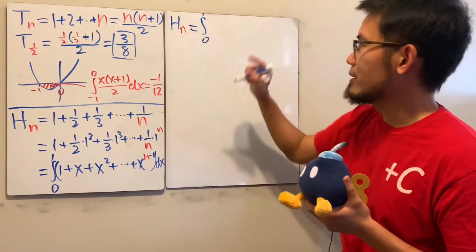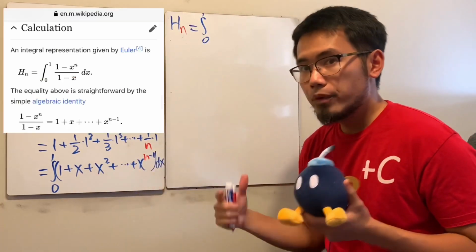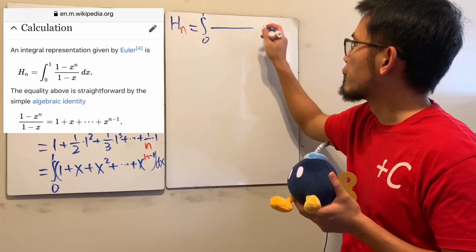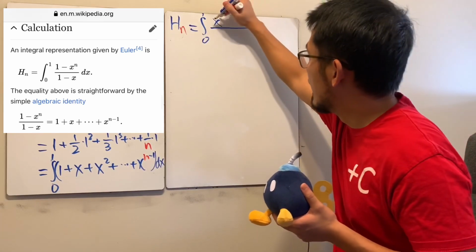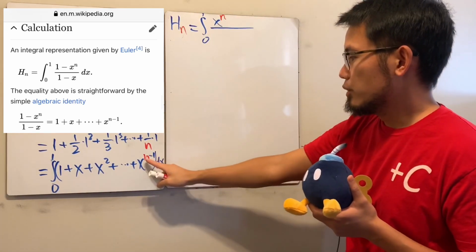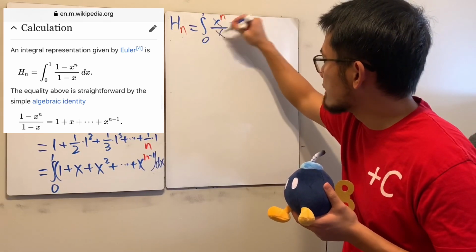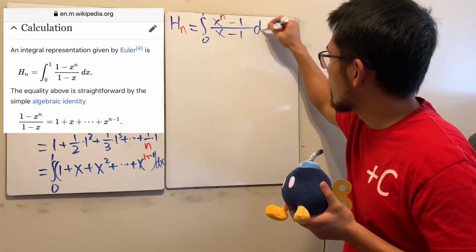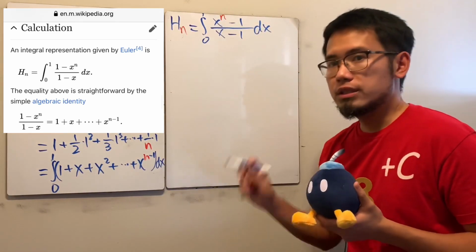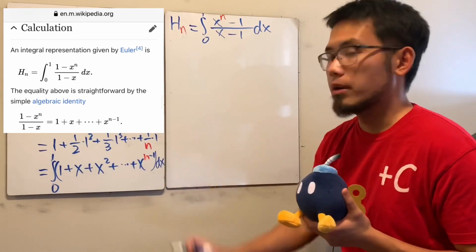And then the inside here, you can put this down as a fraction, and you get x to the n, right? If you end up with n minus 1, this is just x to the n, and then minus 1 over x minus 1, like so, right? So this is the integral extension of the harmonic number.